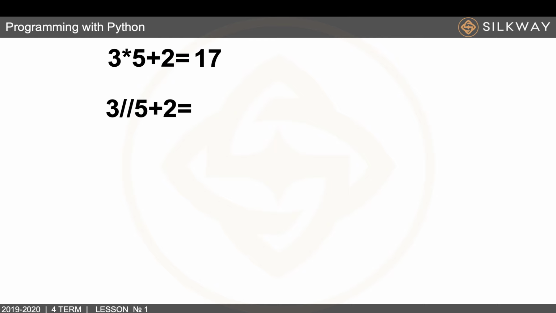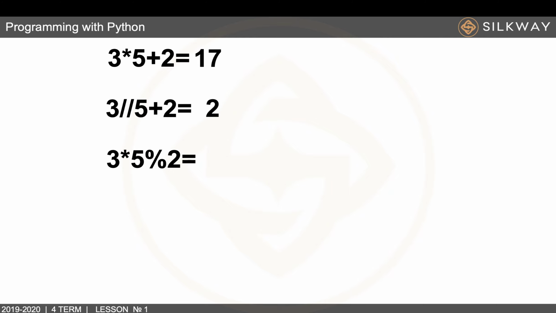The result will be 2. Wow, why 2? Because here we have a floor division. 3 divided by 5 is actually 0.6, but it will show you everything before the point. So it will be 0 plus 2 is equal to 2.